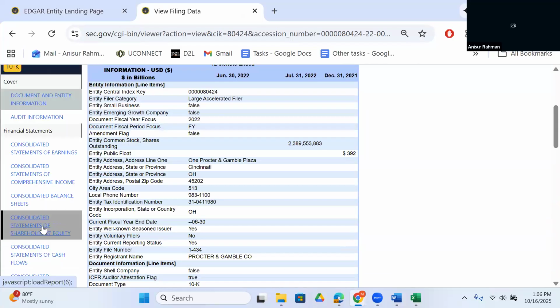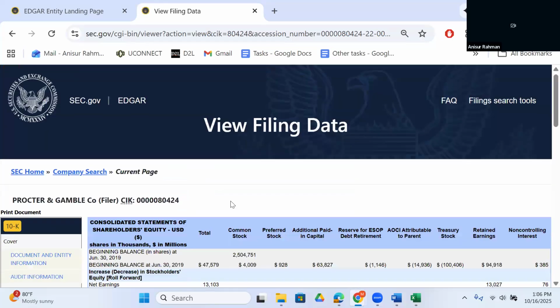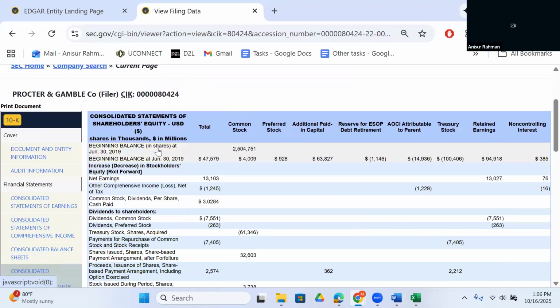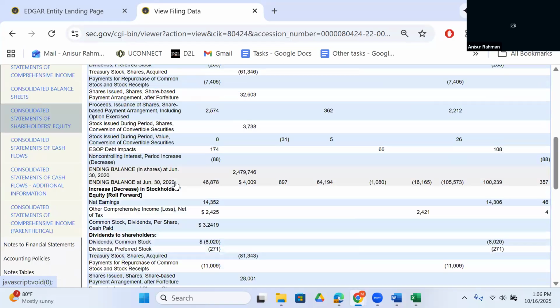And then you need the shareholders' equity statement. And then you will see in shares, common stock, this is 2019.